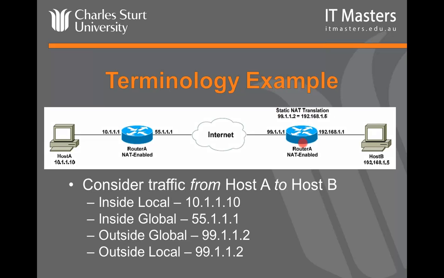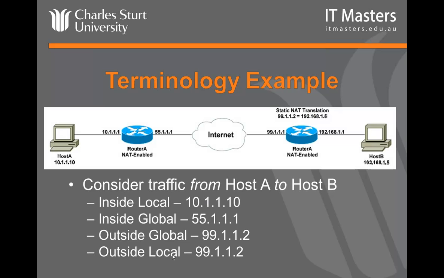A little bit confusing, I understand. So we have that translation between those two IP addresses on this router. For the purpose of our terminology, the outside global for host B on the right-hand side is 99.1.1.2. That's the way this host will appear to the outside world.